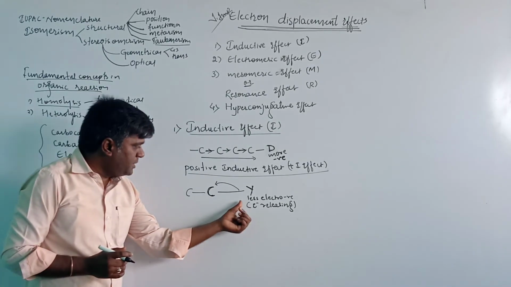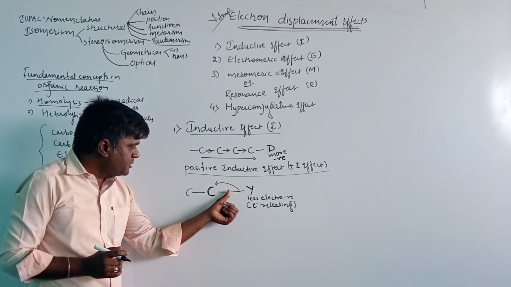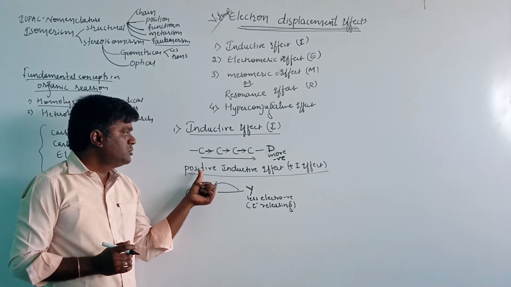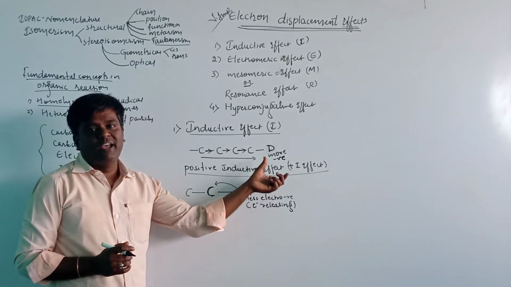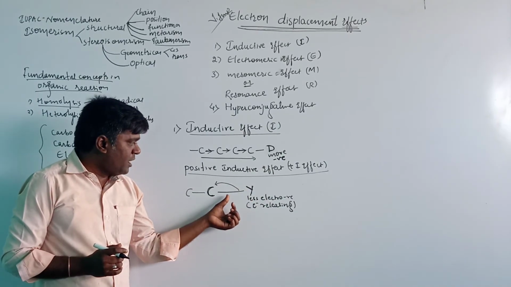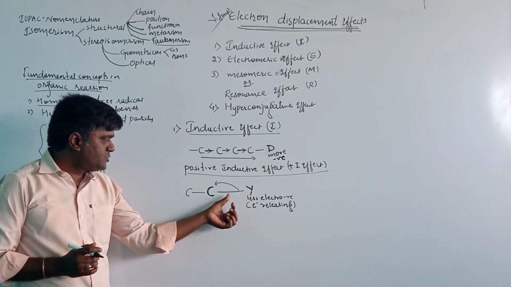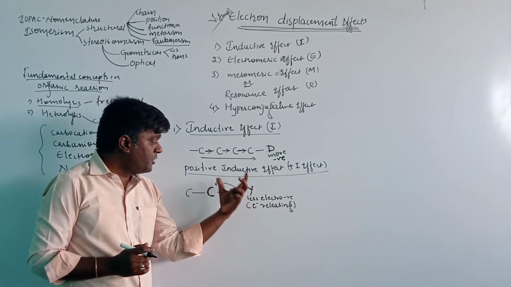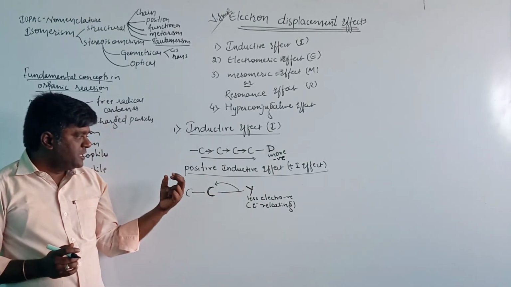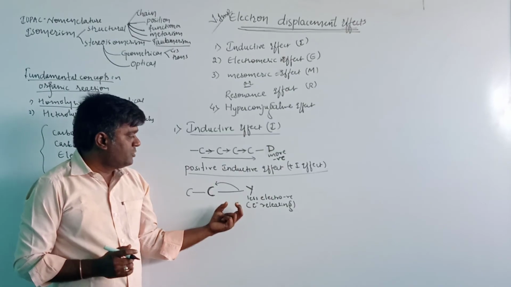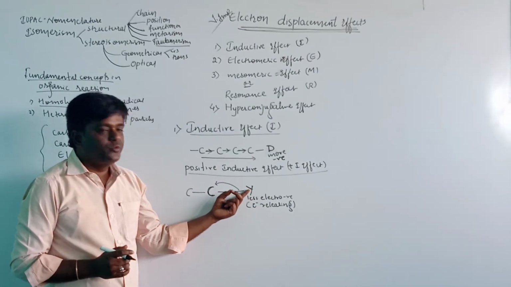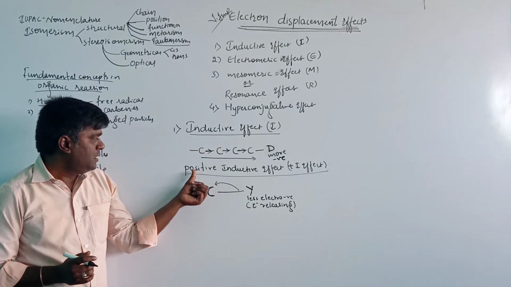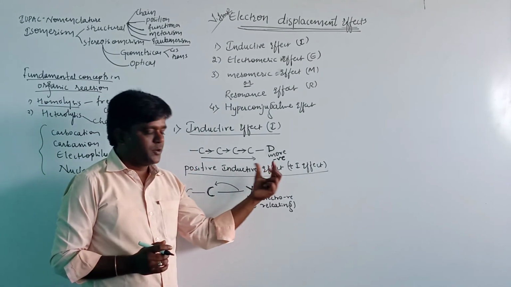The displacement of electrons towards the carbon chain is known as a positive inductive effect or plus I effect. Or the movement of electrons takes place away from the subsequent group, then it is known as a positive inductive effect.